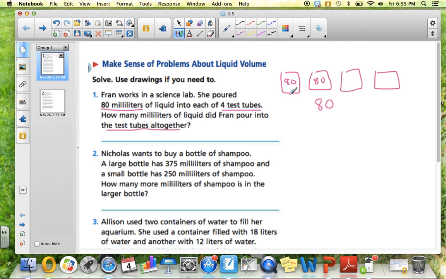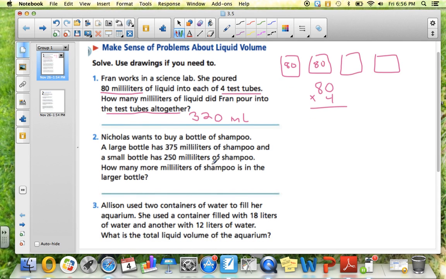These are equal groups since they're all 80. So we can take the equal groups and put them together by multiplying by 4 because there's 4 test tubes. And our answer would be 320 milliliters. Please make sure you label each answer.